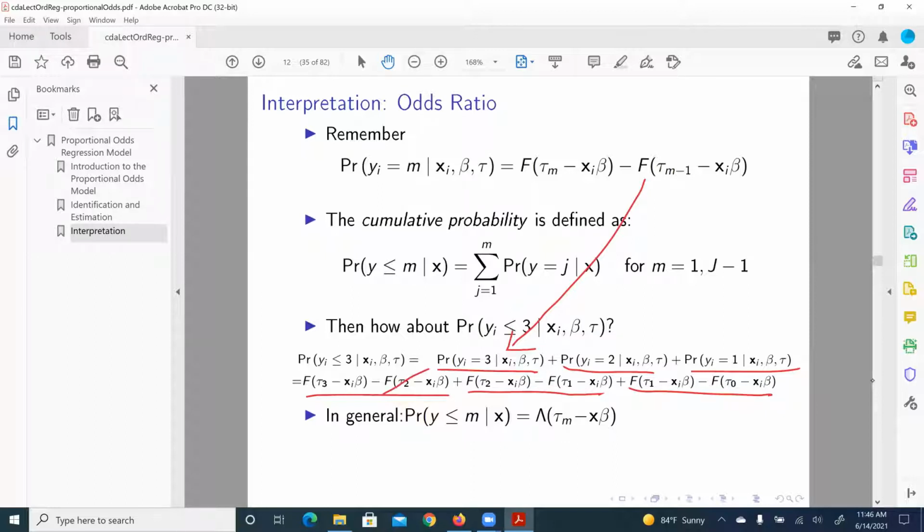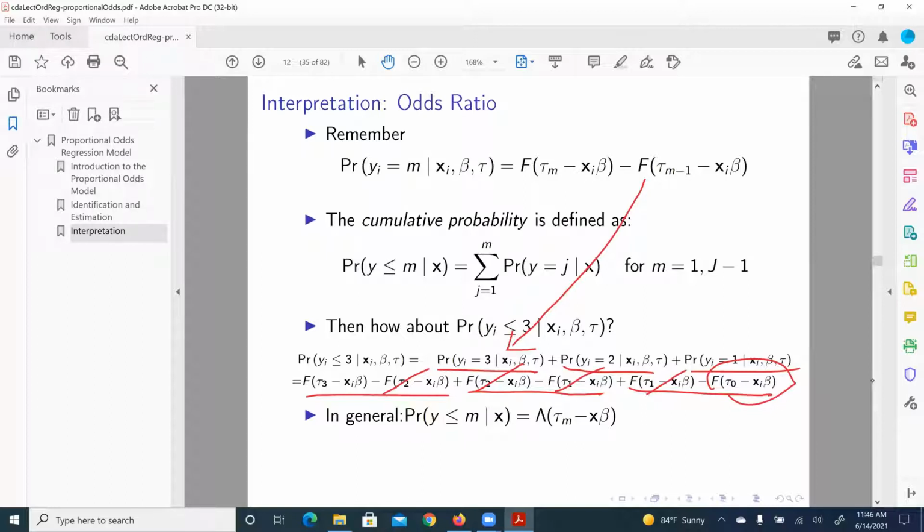Luckily, we have lots of cancellation. So here, all these terms are canceled out. And for this additional term, because tau 0 is actually negative infinity. Usually we don't have tau 0. Tau 0 is defined as negative infinity.